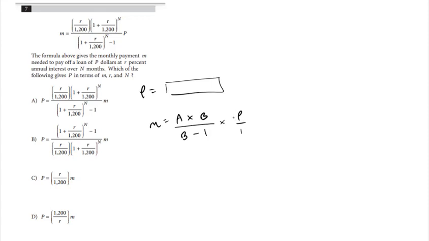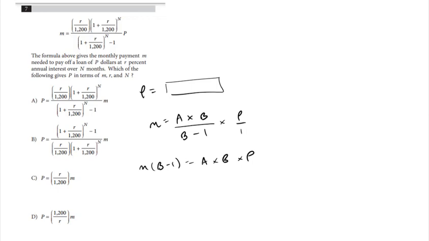Okay, so how do I get p by itself? Well, I've got a b minus 1 on the bottom, so it's being divided by b minus 1. So I need to times both sides by b minus 1. You put the brackets there to show that m is multiplying all of this. That is equal to a times b, times p. Now I can divide by a and divide by b using opposite operations.